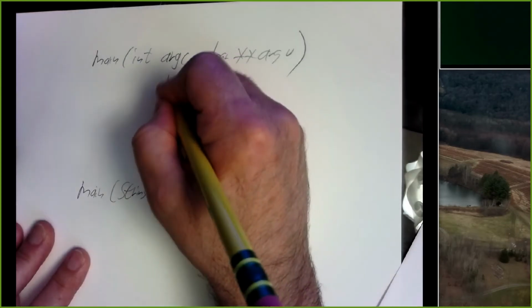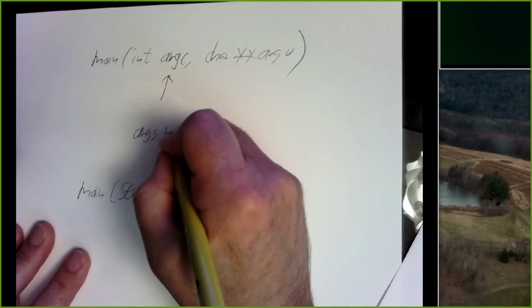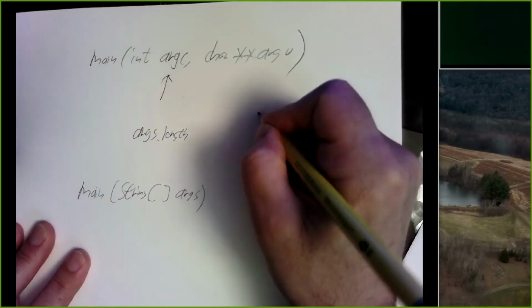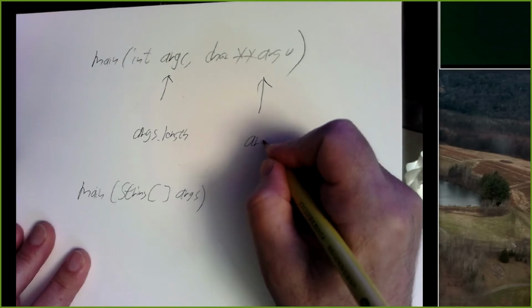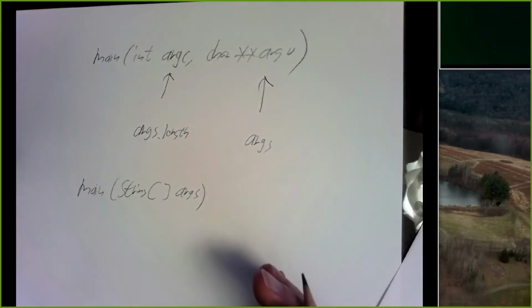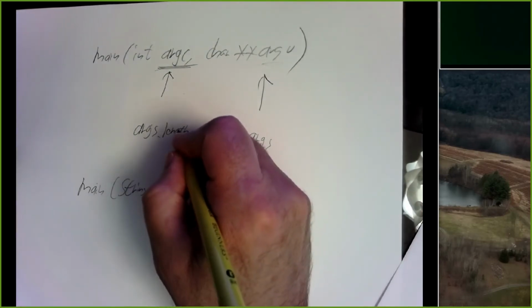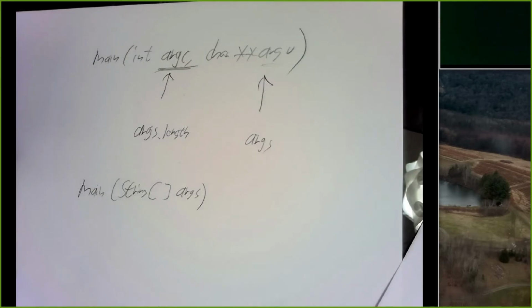So instead of argc, we can do args.length. And instead of argv, we're just calling it args here. But I mean, we could call this argv if we want, and then it would be argv bracket, you know, some index to get an argument. And argc, which is how many things are in this array, well, that's just args.length. In any array, we can say array.length to see how many things are in the array.